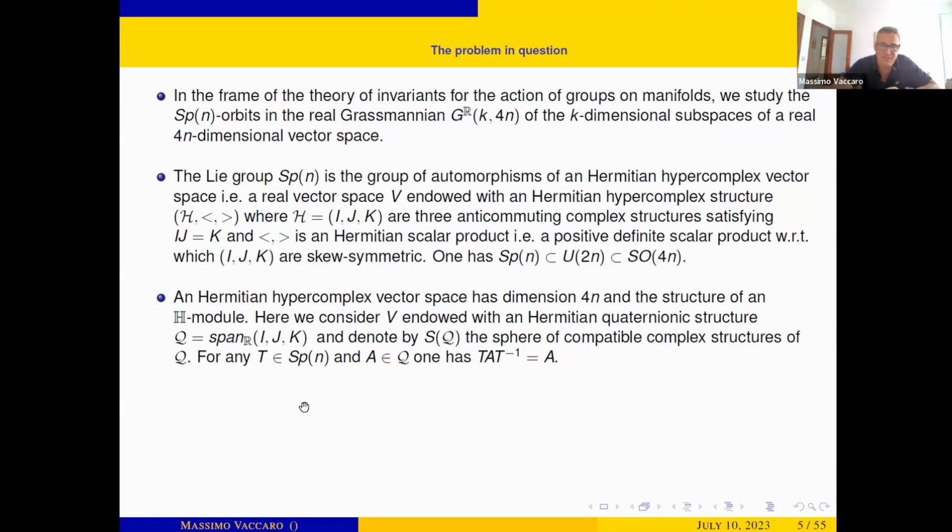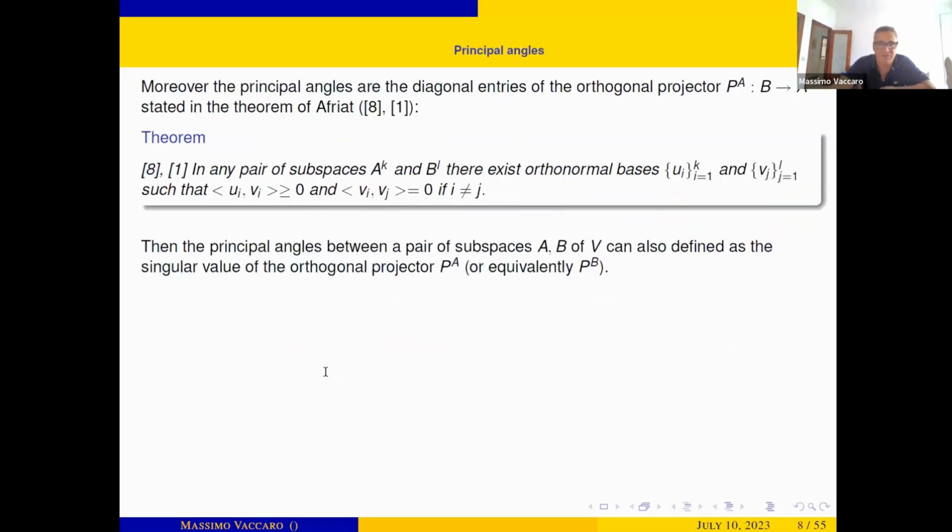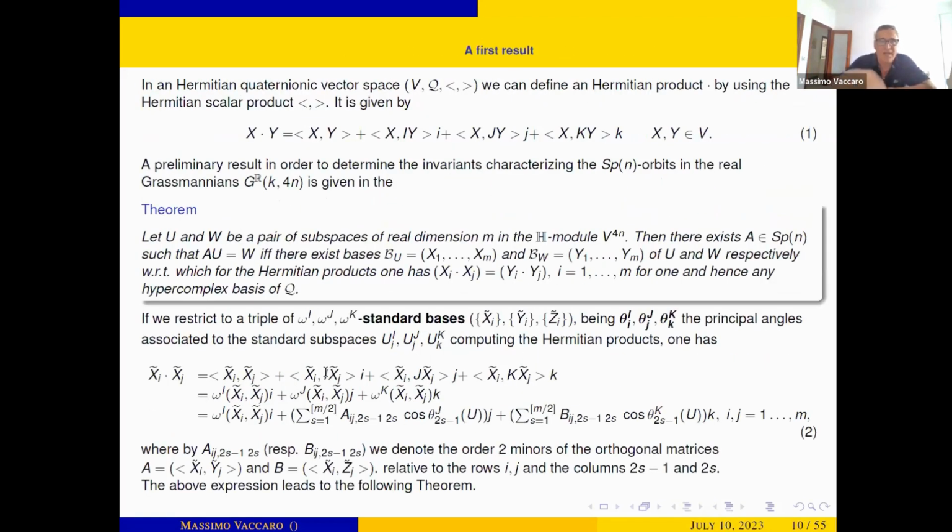Then for any T in Sp(n), since Sp(n) is the centralizer of, let's say, Sp(1), the representation of Sp(1) on the vector space, T commutes with A: TA equals AT. This is by definition. Now I skip the principal angles and just go on.